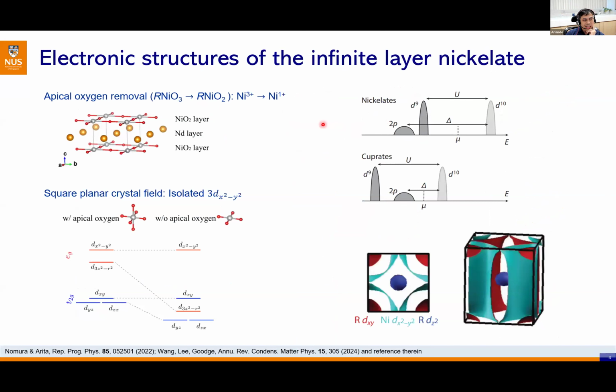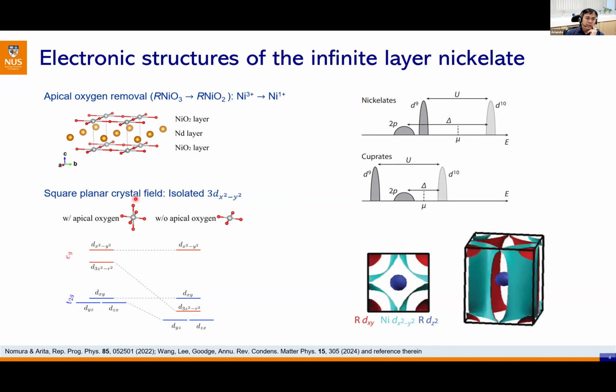So looking into the electronic structure of the infinite layer, we all know that having these apical oxygens removed, we can expect that there is this 3d x²-y² orbital lifted and isolated somehow because of the square planar crystal field that we have.